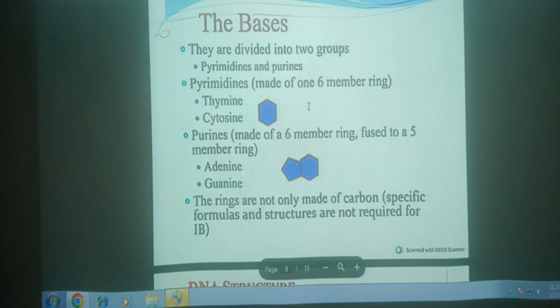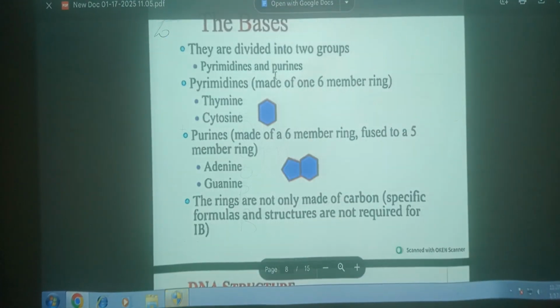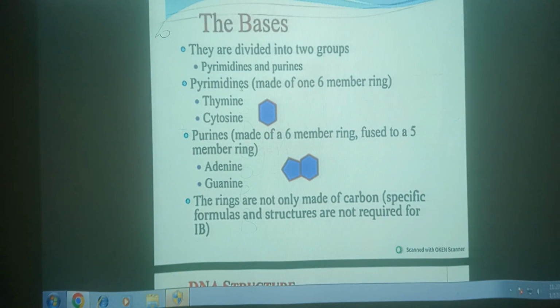Next, the bases. They are divided into two groups: pyrimidines and purines.